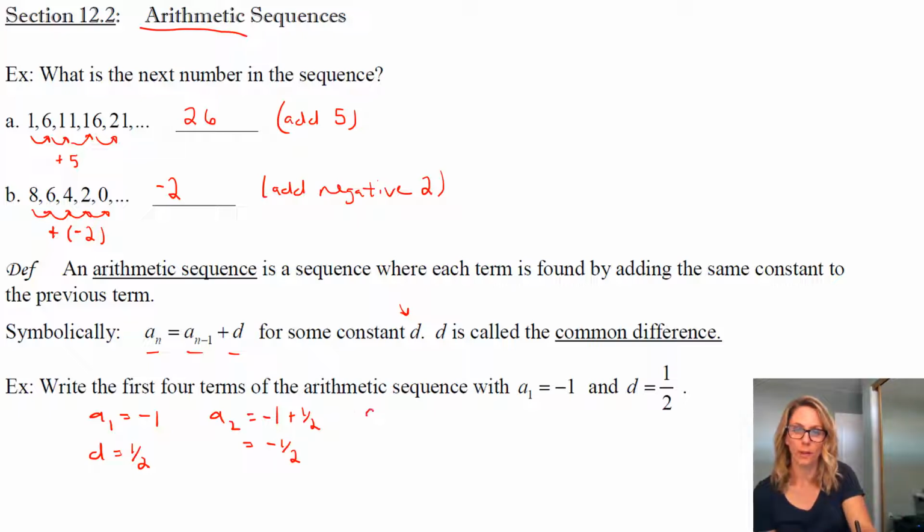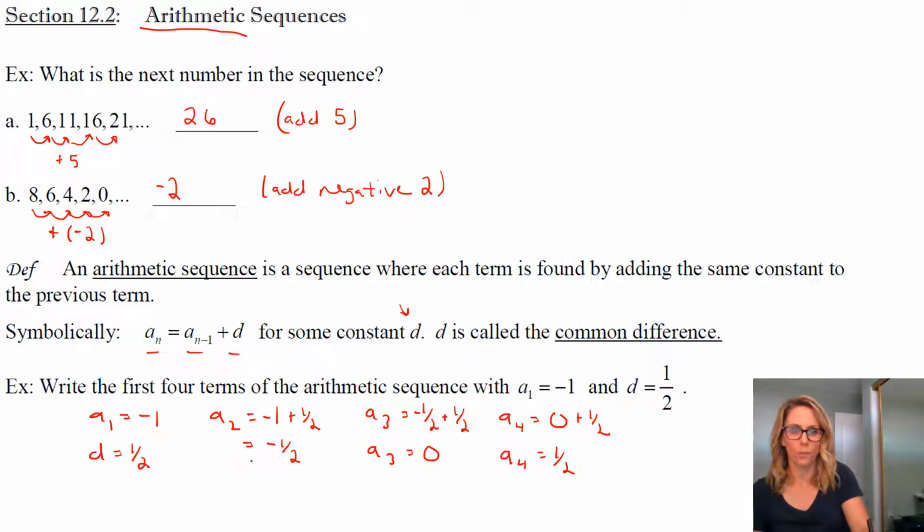If you want, you can go ahead and find a sub 3 and a sub 4 on your own. So a sub 3 takes a sub 2, and we're still adding that 1/2, so a sub 3 equals 0. And then a sub 4 takes that 0 and adds 1/2, so a sub 4 will be 1/2.